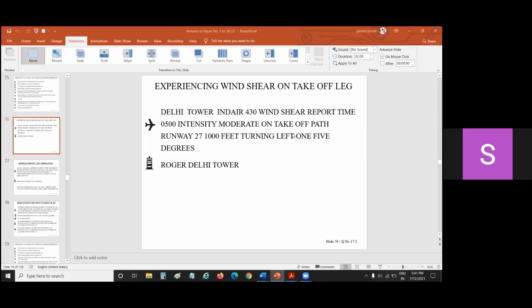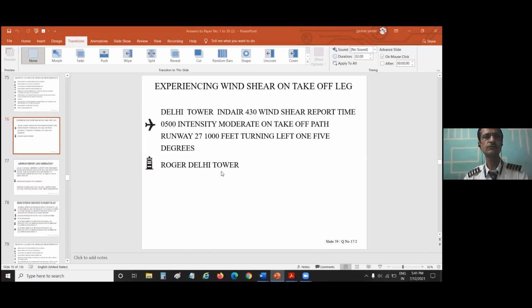So to avoid the wind shear, you are turning left by 15 degrees. No need to say 15 degrees. You can just say turning left or turning right. If you want to say degrees also, 15 or 10 or 05, whatever you want, you can say. Otherwise, not a compulsion. Of course, ATC cannot do anything about the wind shear.